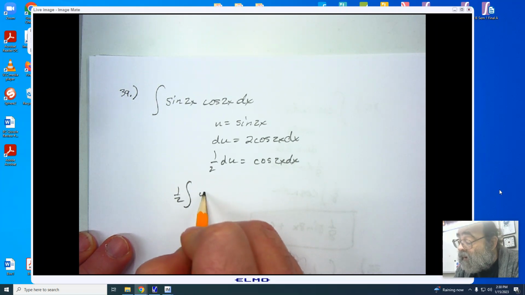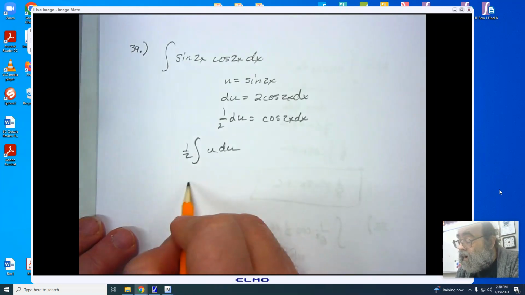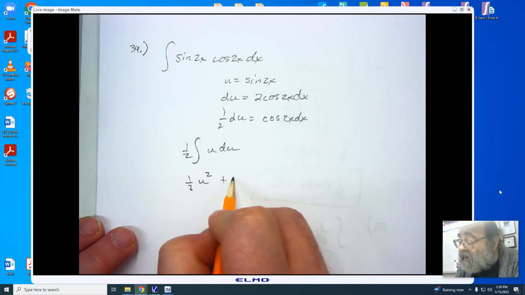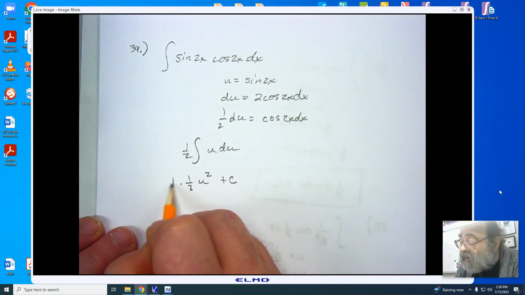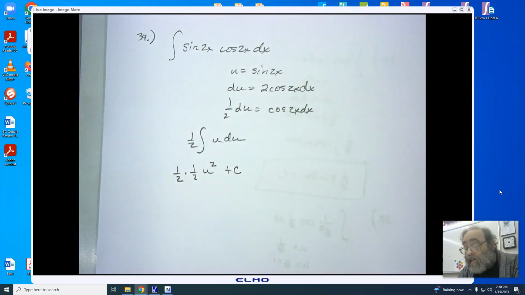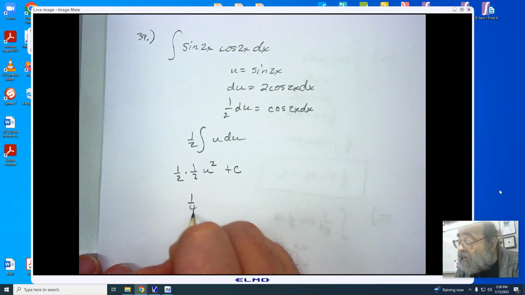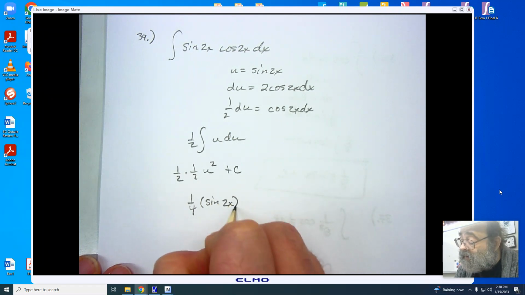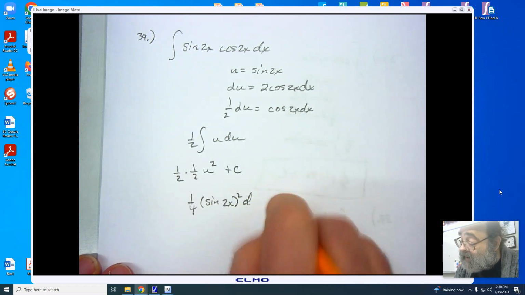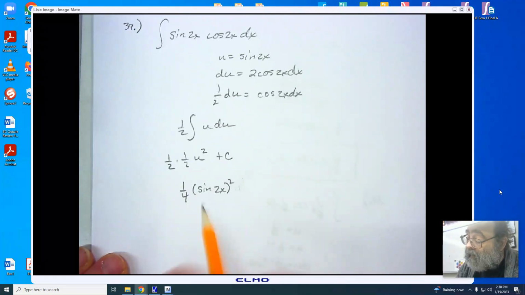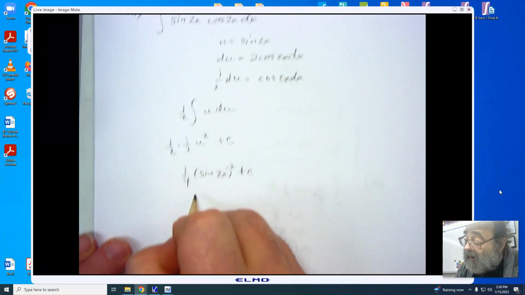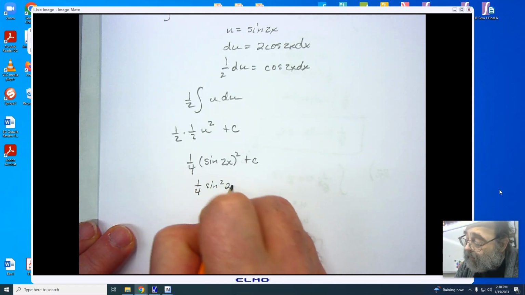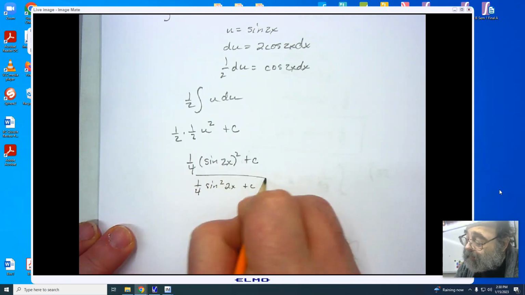I have u du, 1/2 u to the 2nd power plus c. Don't forget to multiply by the original 1/2. 1/4. I then have sine of 2x squared plus c. Now, how you might probably see it is with the power in between, just like so.